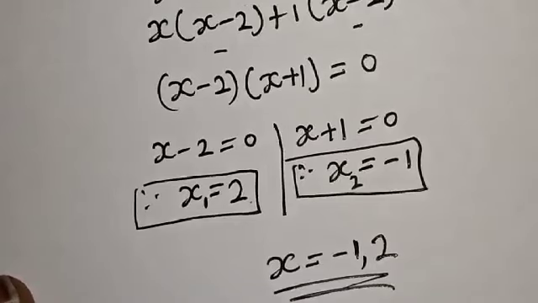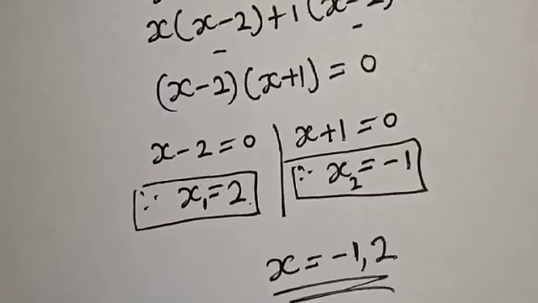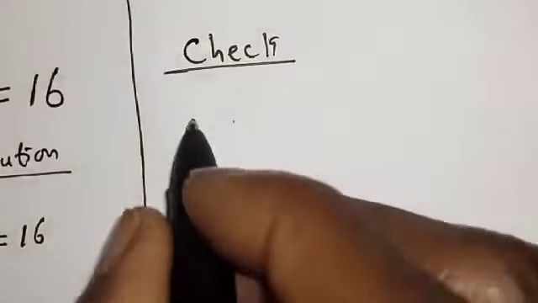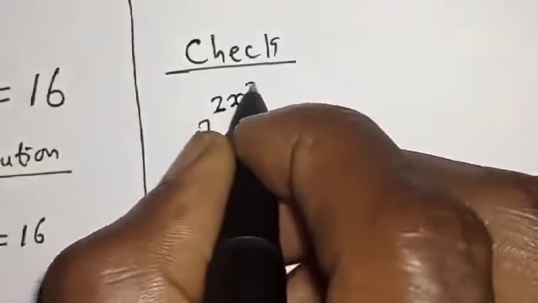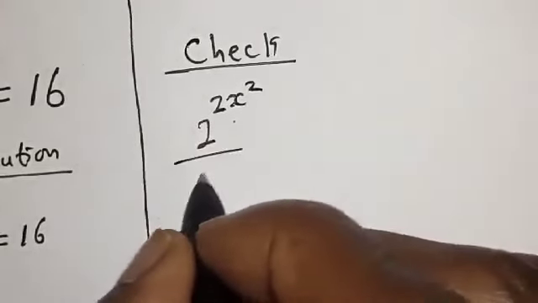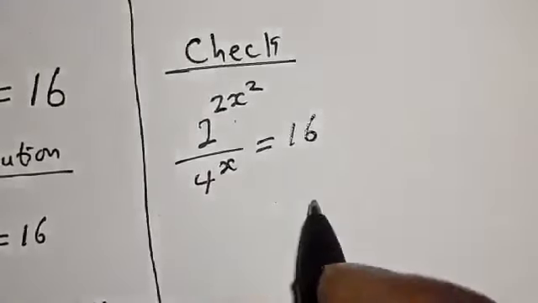We can check to confirm if our answer is right or wrong. Let's check. We have the given equation 2 raised to power 2s squared over 4 raised to power s must be equal to 16.